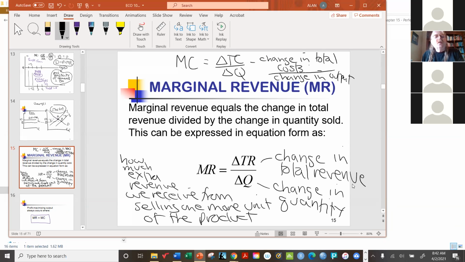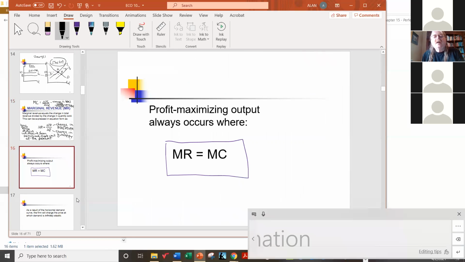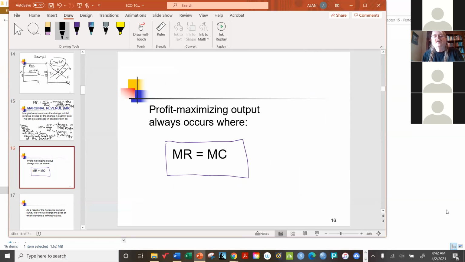Now, here's one of the most important results that you'll see in economics. It turns out that if we want to maximize our profits, what we have to do is produce where these two are equal to each other. In other words, this is the profit maximizing output for all firms, whether they're perfectly competitive or not. Okay, this is it right here. Profit maximizing output always occurs at the point where marginal revenue equals marginal cost. And we're going to prove it later on in this chapter.